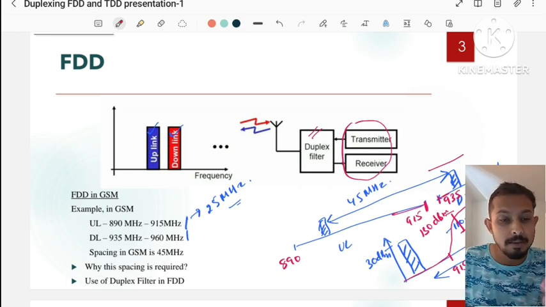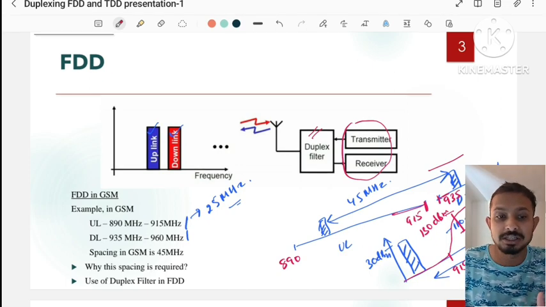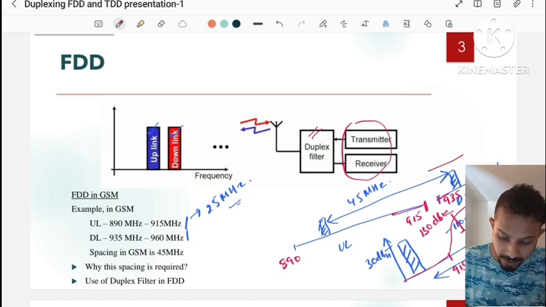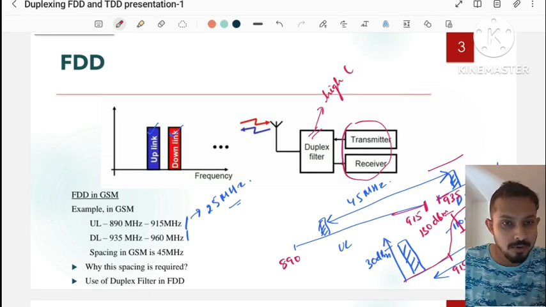The duplex filter makes sure that the RF chain is protected from the radiation happening in the transmitter chain. Additionally, the duplex filter has a high Q, and this component is bulky.